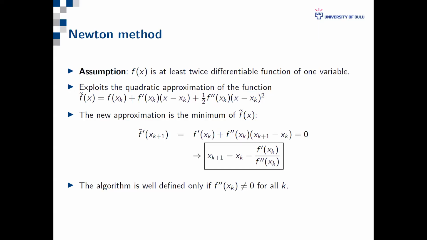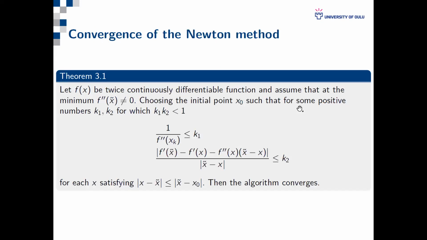Can you see it now? We can, but I think it's the last slide. It's the Newton method, and it says assumption f is at least twice. Can you see the new convergence of the Newton method? Yeah, we can see it. Okay.